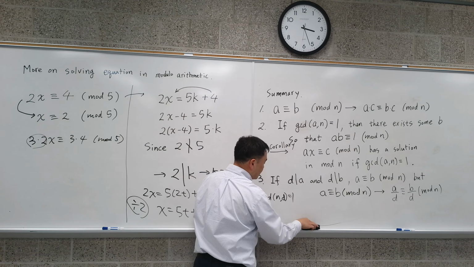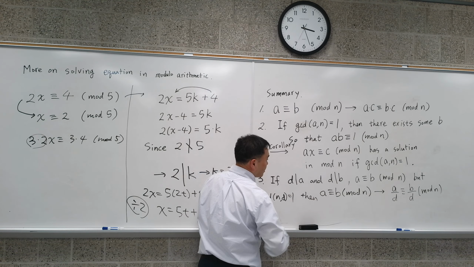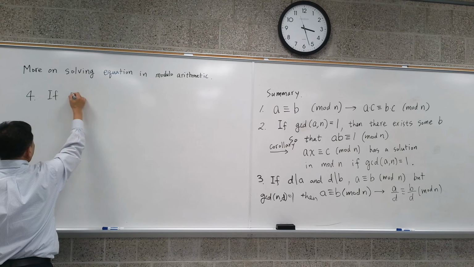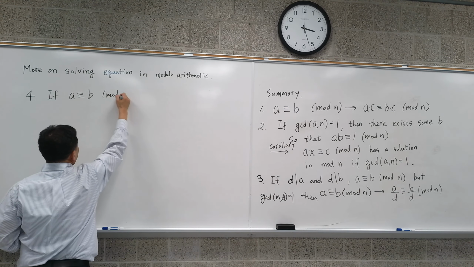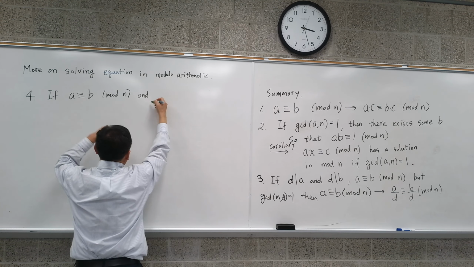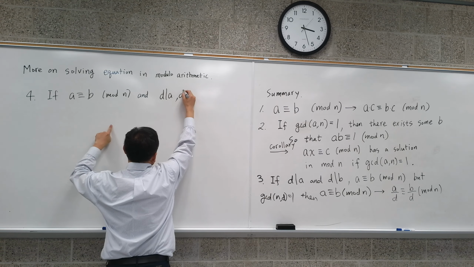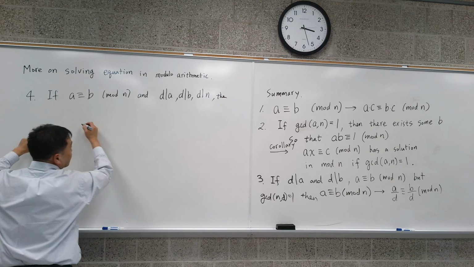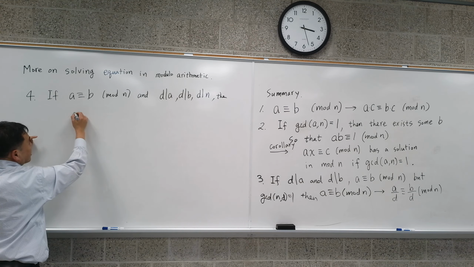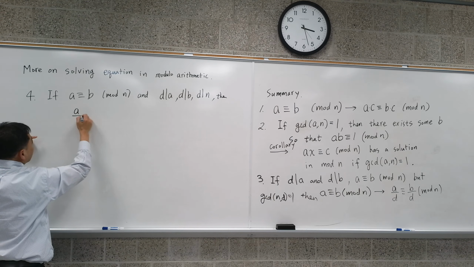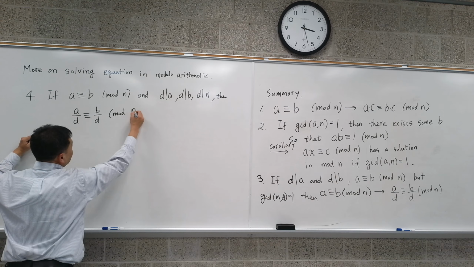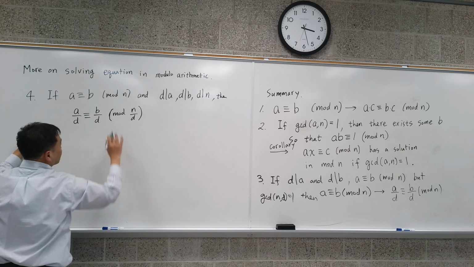Then this is true, okay? 4, if A is congruent to B mod N, and all of these are divisible by D, then A over D is congruent to B over D mod N over D. That's what you have to do, okay?